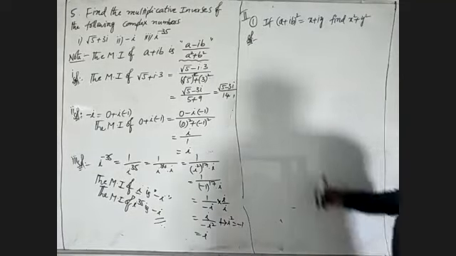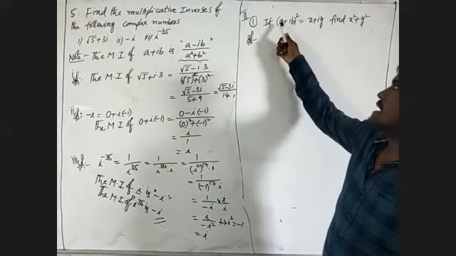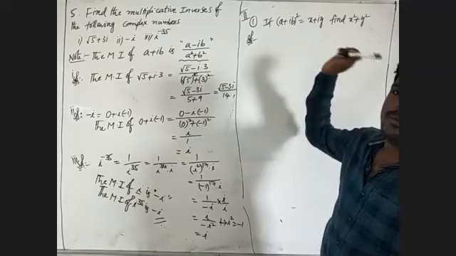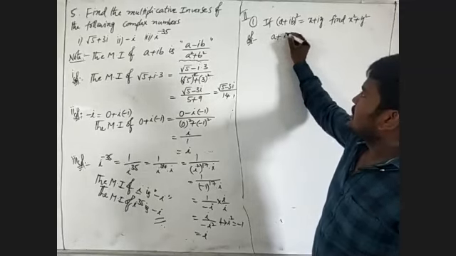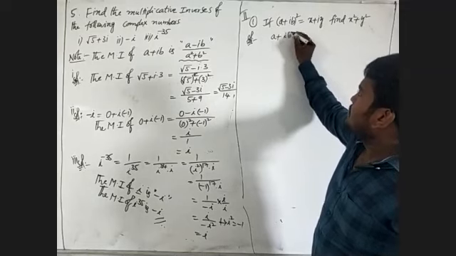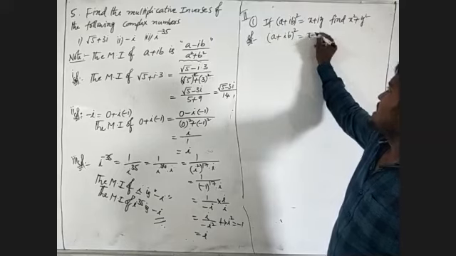Already we know the formula for a plus b whole square is a square plus b square plus 2ab. Here also we take a plus ib whole square is equal to x plus iy.